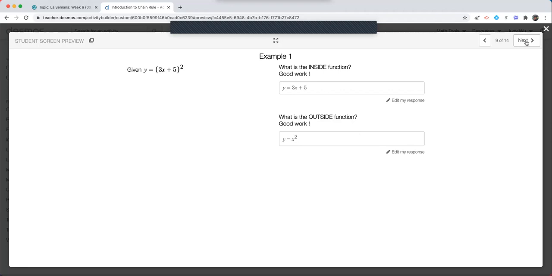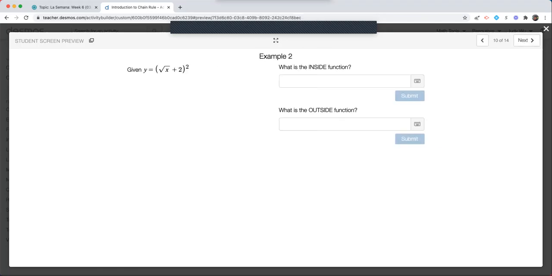All right, let's try one more here. So what is our inside function here? Or rather, what do we do first? If someone walks up to you on the street and says, hey, I've got this function, what's the y value? Yeah, okay.